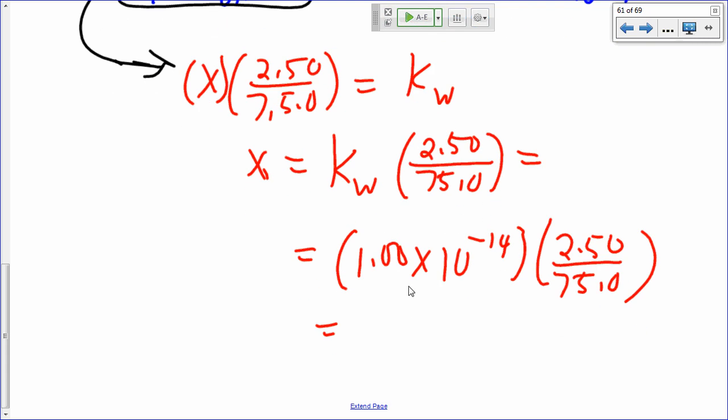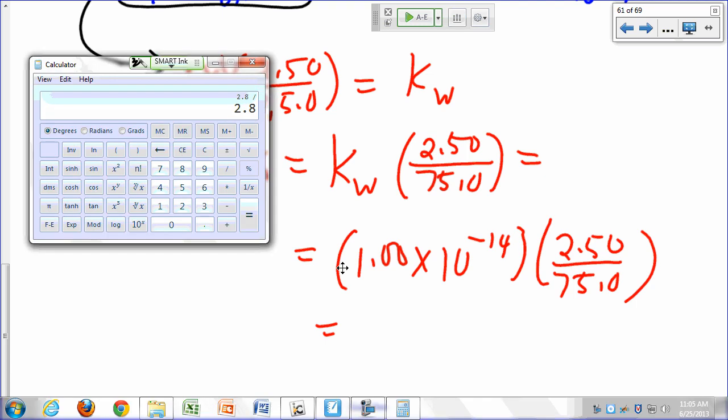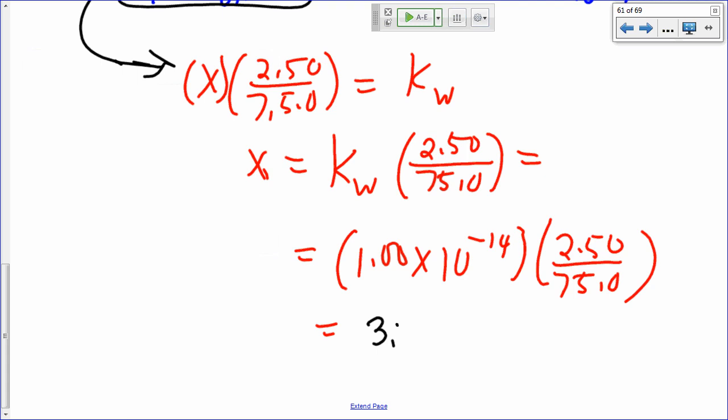So what would this be? What's 2.5 out of 75? 2.5 divided by 75, multiply that by 10 to the negative 14. That gives you 3.73 times 10 to the negative 16.